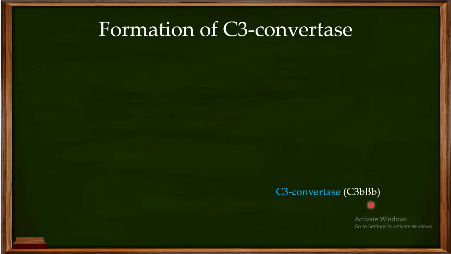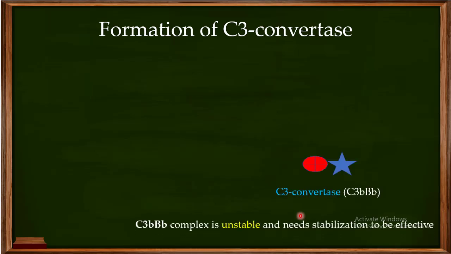So this C3bBb, this C3 convertase, is an unstable complex. So now you have a complex of the C3b and the Bb, but this complex is unstable.